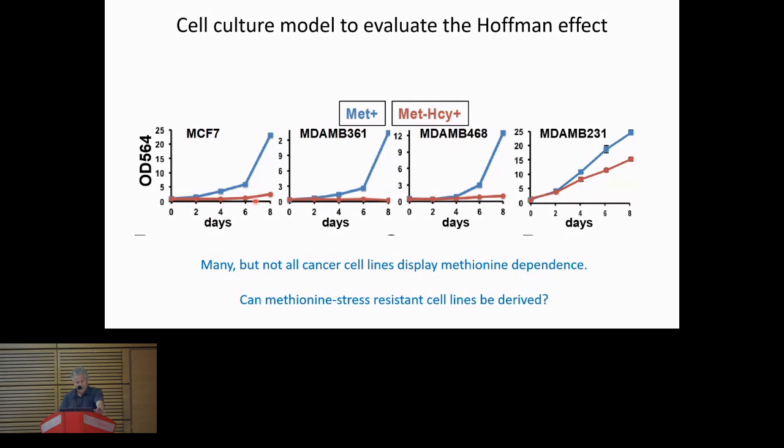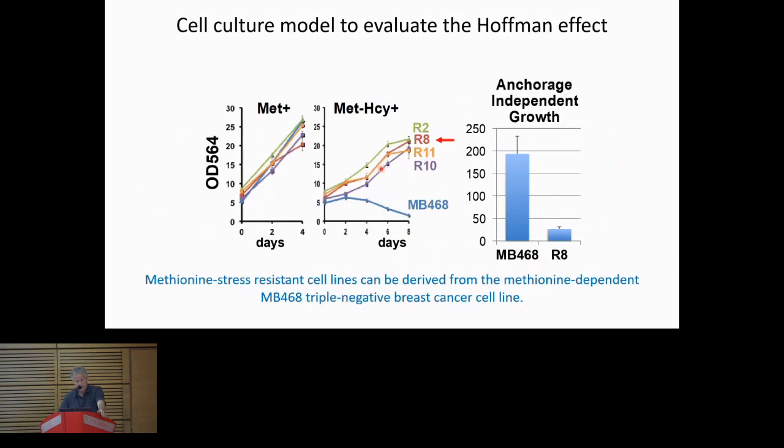What we wanted to do is take one of these cell lines and see whether we can generate a methionine resistant cancer cell line, such that we could have a cell culture system where we have genetically very similar cell lines to compare to. And you can actually do that.